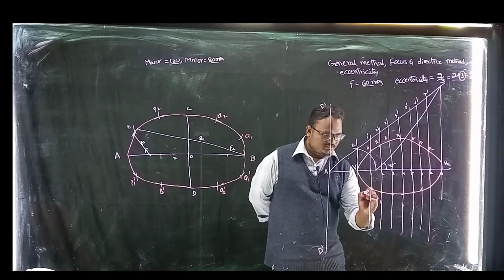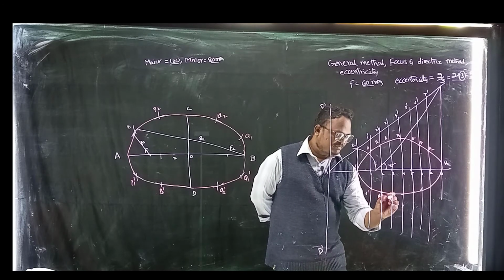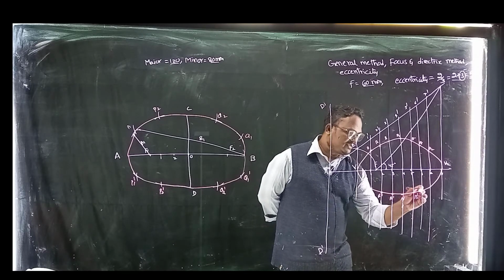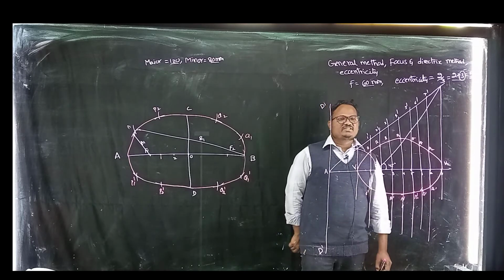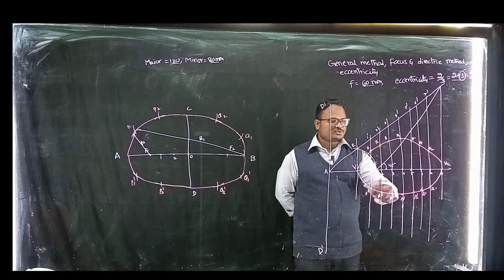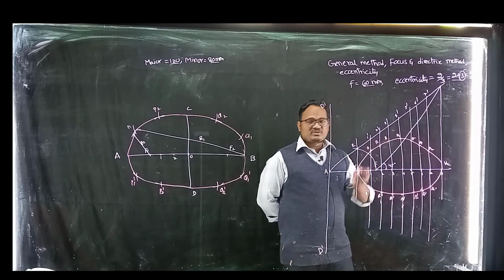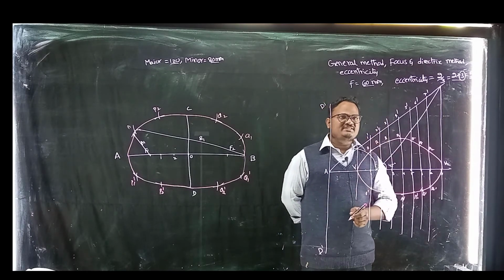This is P1 dash, P2 dash, P3 dash, P4 dash, P5 dash, P6 dash, P7 dash. Like this you will get the elliptical shape. Only this shape should be dark. This is the only output.